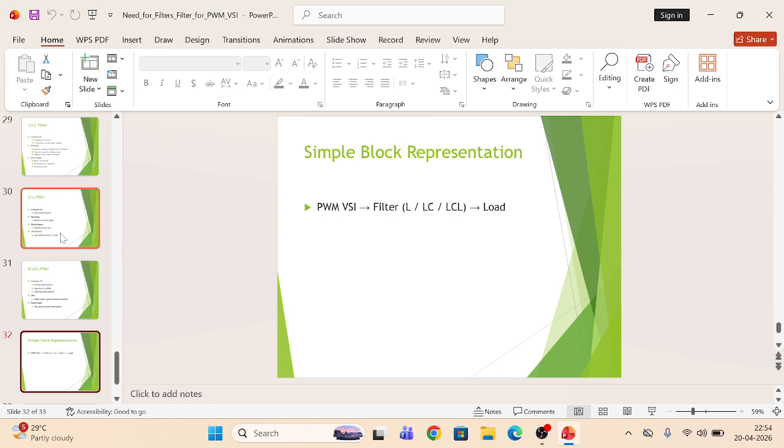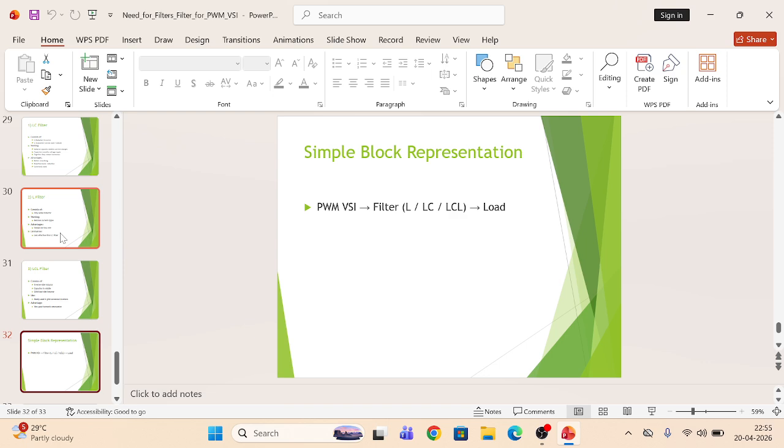Then the simple block representation of pulse width modulation voltage source inverter. First, the PWMVSI, that is the pulse width modulation voltage source inverter, converts DC power into AC power. However, the output of the inverter is not a pure sine waveform. It contains some harmonics and switching noise.